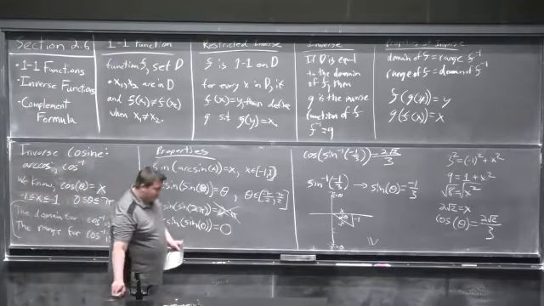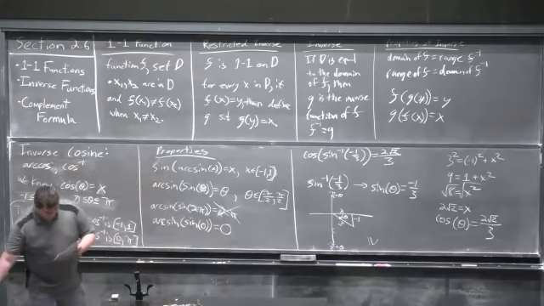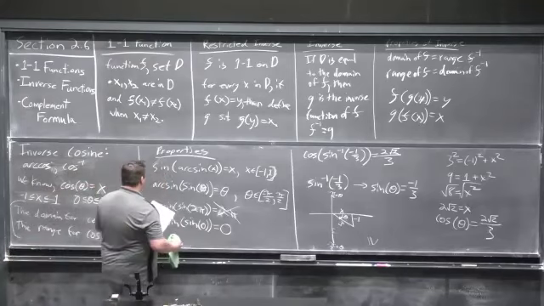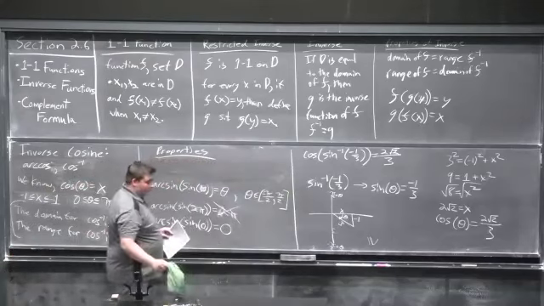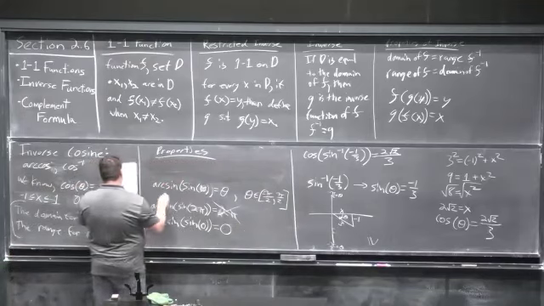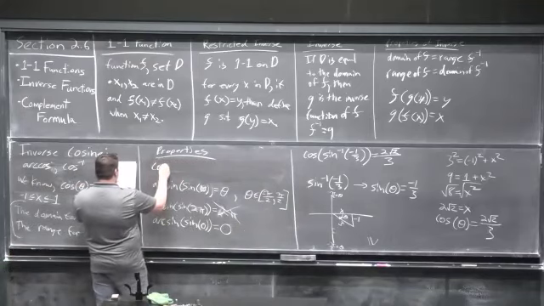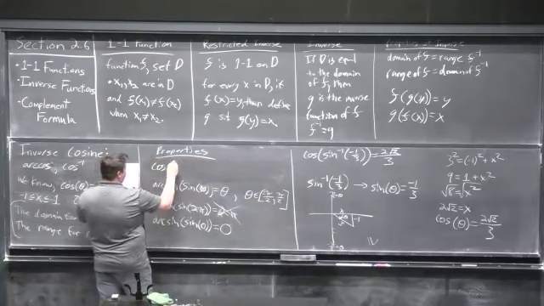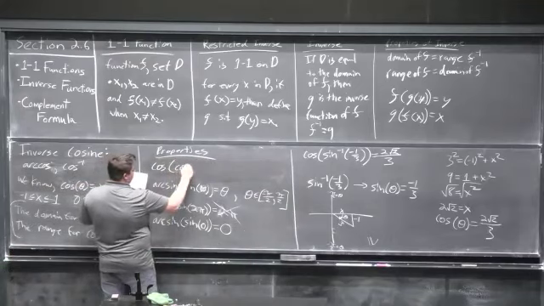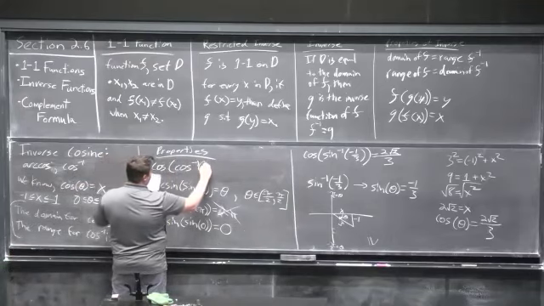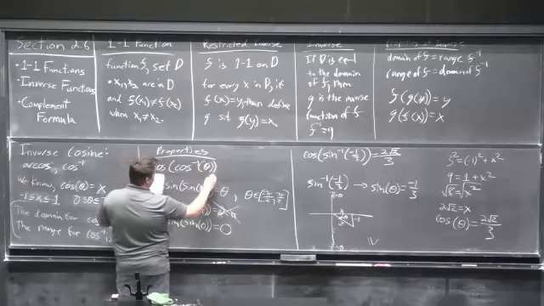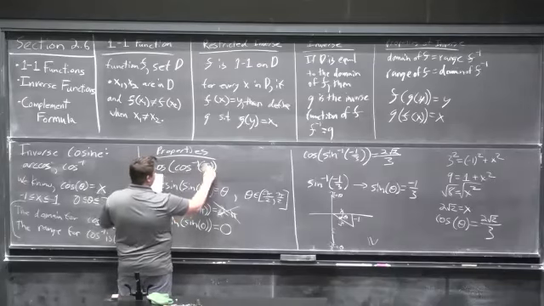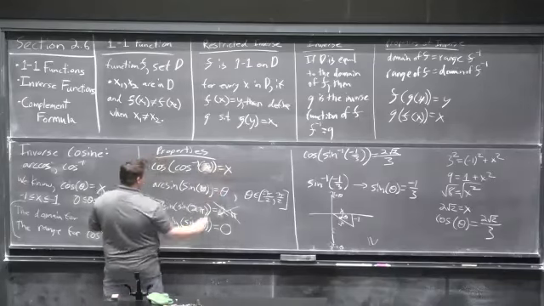Our properties will rely on much of the same, that this time we have cosine inverse of some value x. We'll get it right back.